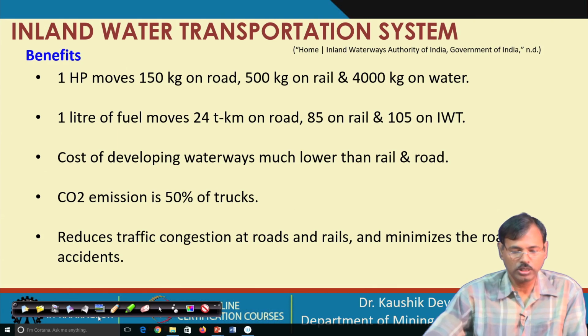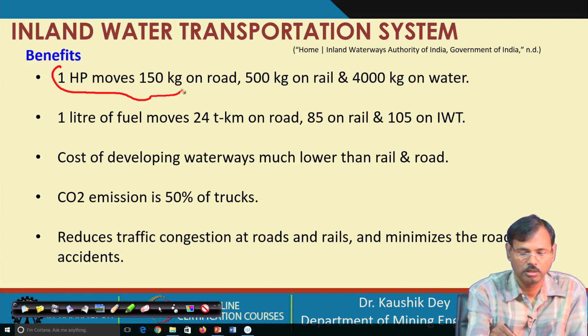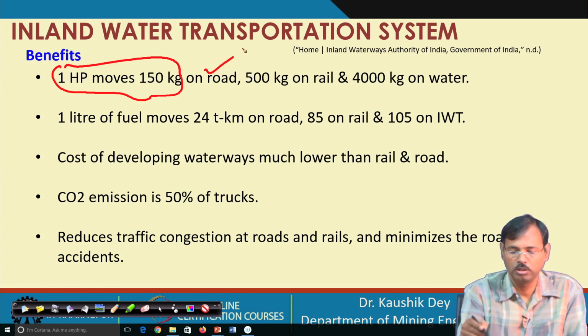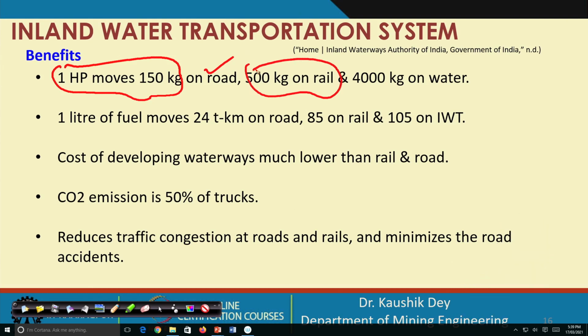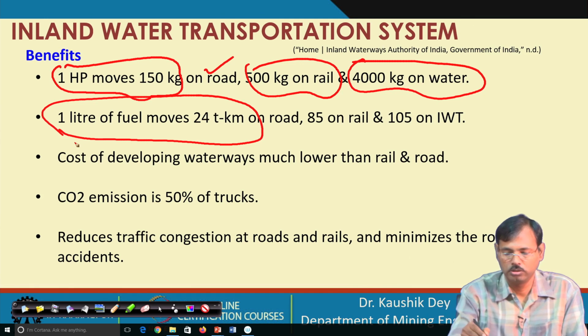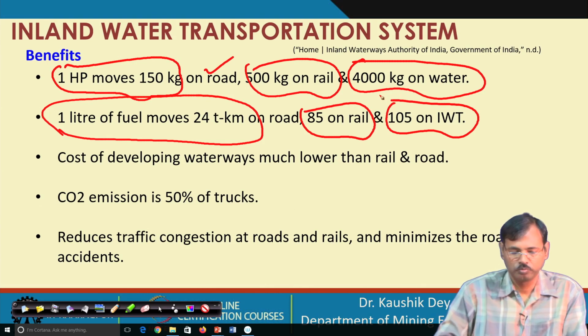Now, let us look into the technical details, where 1 horsepower can carry 150 kgs of load on road, 500 kgs on rail, and 4000 kgs on water because of the benefit of buoyancy. And 1 liter of fuel moves 24 ton-kilometers on road, 85 on rail, and 105 on the water transportation system.